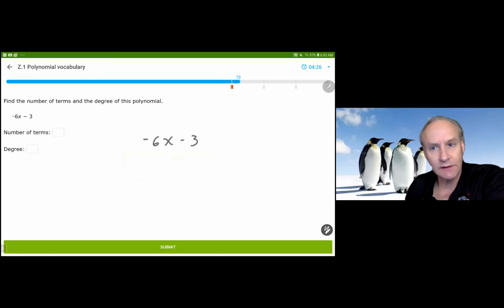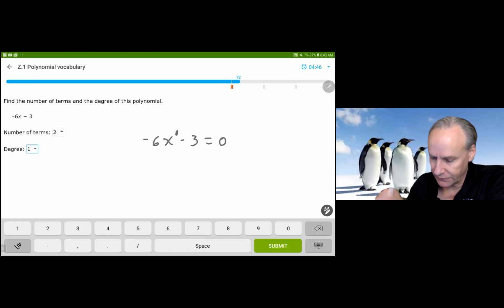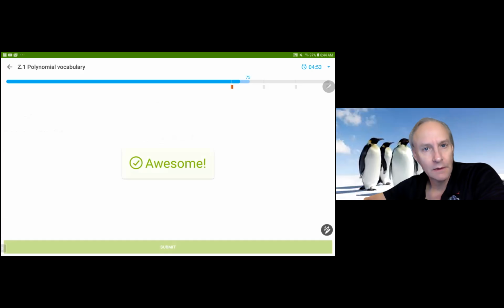A lot of times standard form polynomials are put equal to 0, and there is only one solution to this equation. It happens to be negative 1/2. This one solution is one of the ways of describing the degree as the number of possible solutions. So anyway, this has two terms and first degree. And we sometimes call this a linear expression or first degree polynomial.